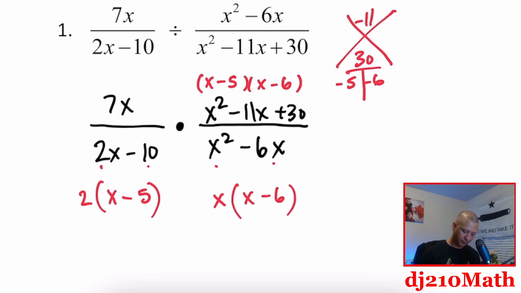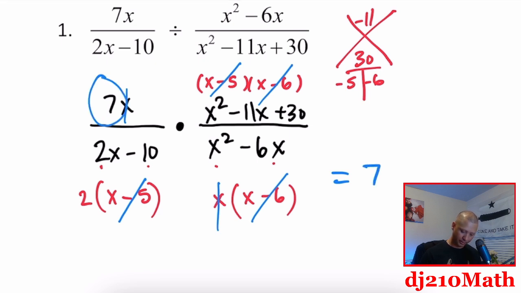So, off the bat, I see x and x. Let's just get those out of the way. x minus 5, x minus 5, x minus 6, x minus 6. So what is left behind? Up top, just a 7.